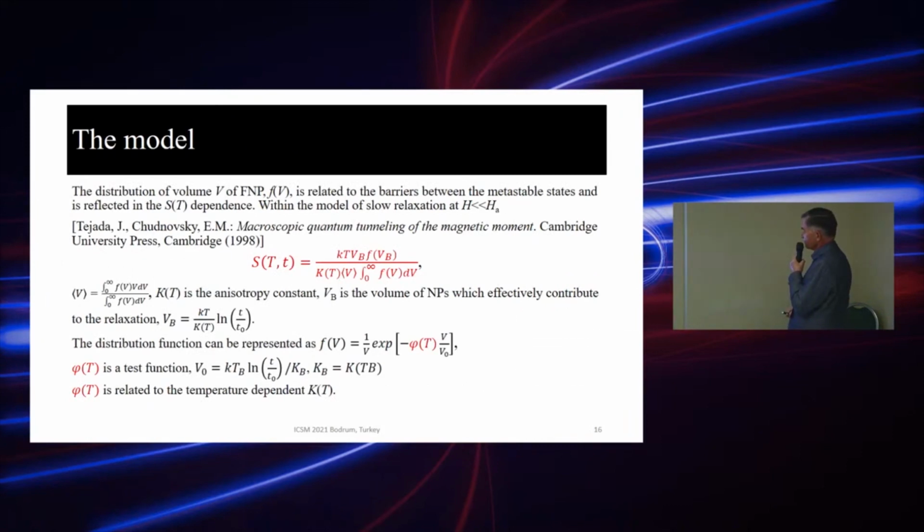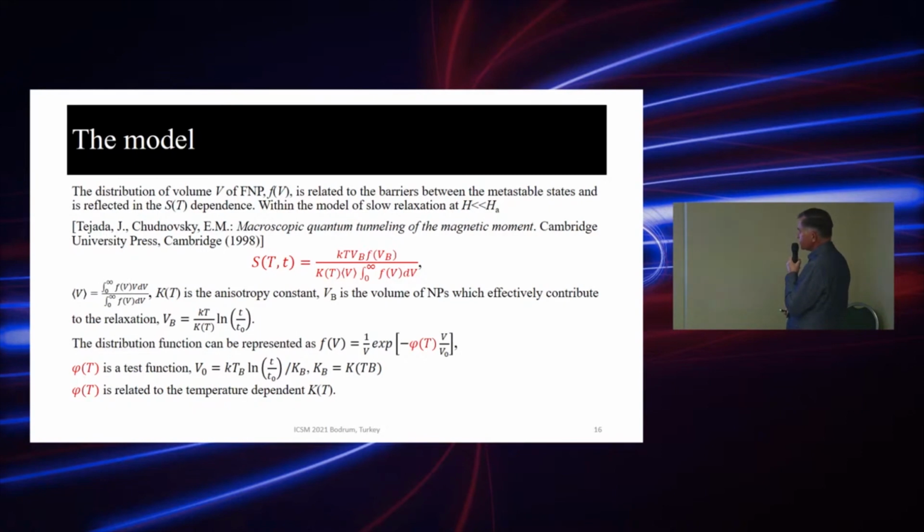So the model is as follows. Within the slow relaxation model, the necessary condition is that the magnetic field is much smaller than the anisotropy field, and our anisotropy field is 5 kilohertz, so we are well below. Applying the result from this book, a nice book, the viscosity S is expressed by this equation.